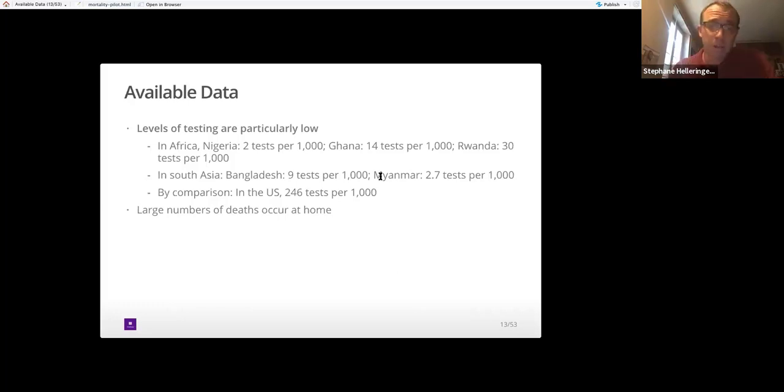In Africa, the level of testing is roughly 2 tests per thousand people since the start of the pandemic. In Ghana, approximately 14 tests. In Rwanda, 30 tests. In South Asia, 9 tests. In Bangladesh, 2.7 tests. In Myanmar. By comparison, in the US, there have already been 246 tests per 1,000 people.